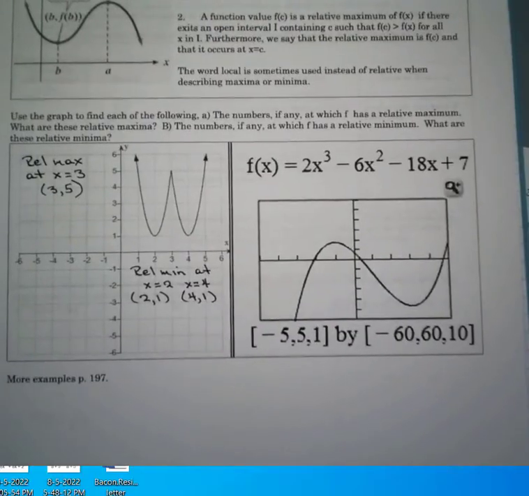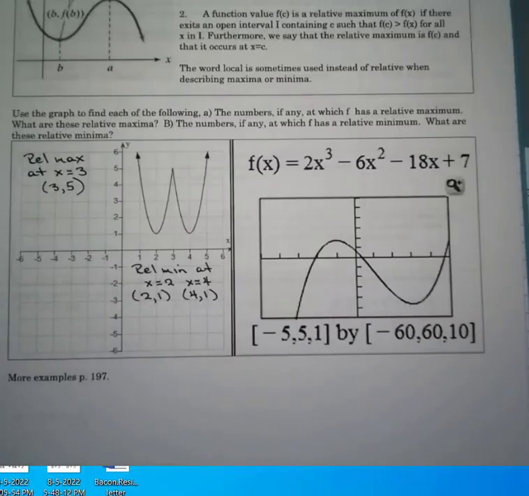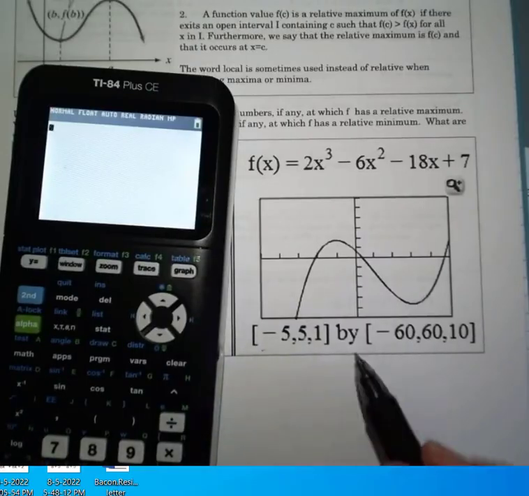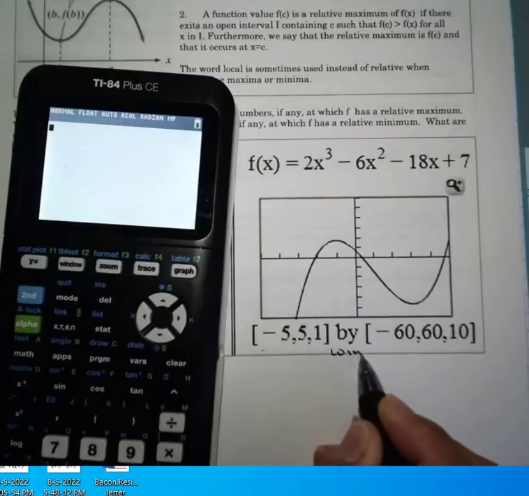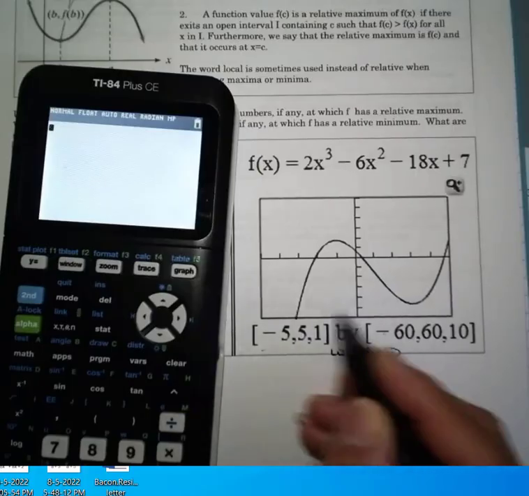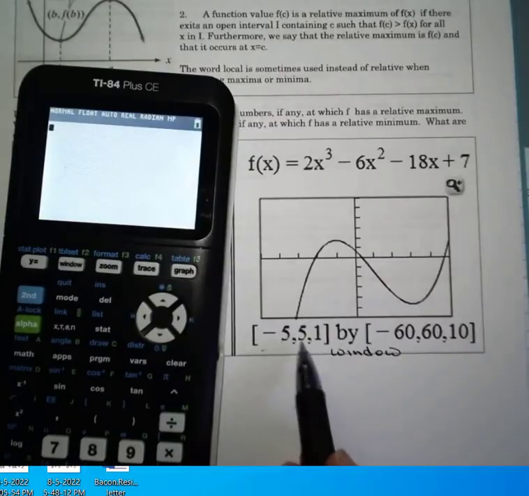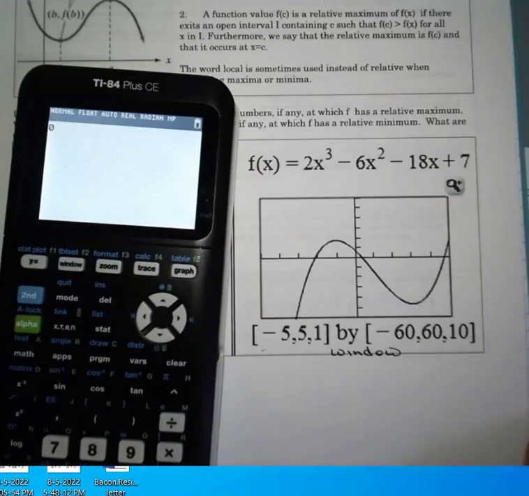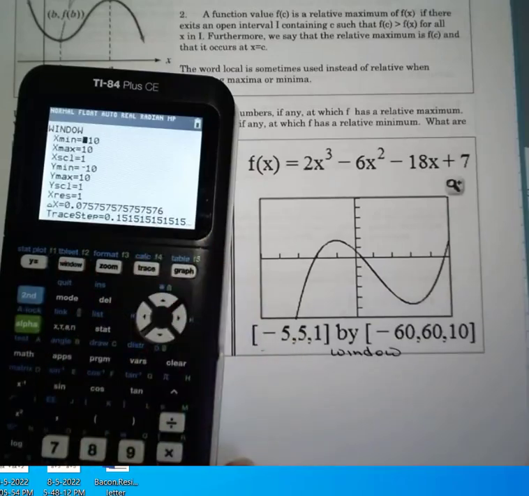I want to show you what you can do with your calculator with relative minimum and relative maximum. So I've got my TI-84 here, and I want to look at a window. This is the window size that I'm talking about. It has been set to negative 5, 5 by 1, negative 60, 60 by 1. Let's set our window size, because I don't think mine's set that way.